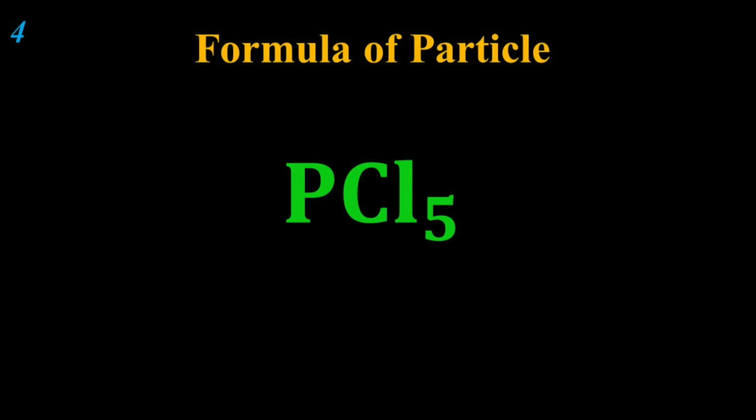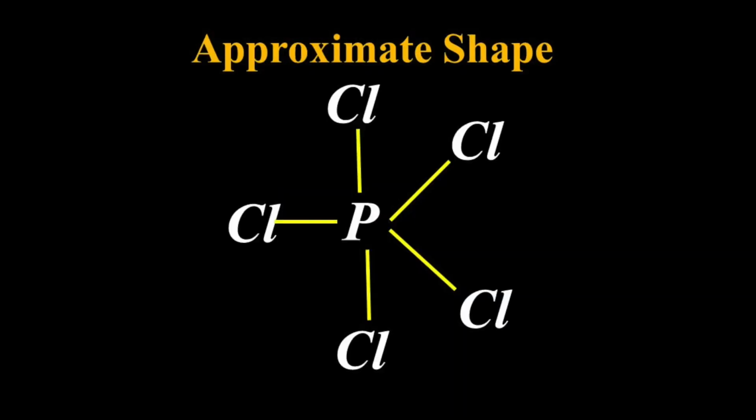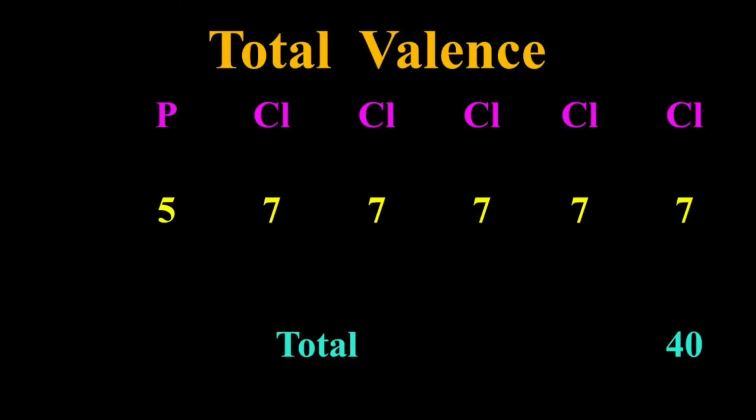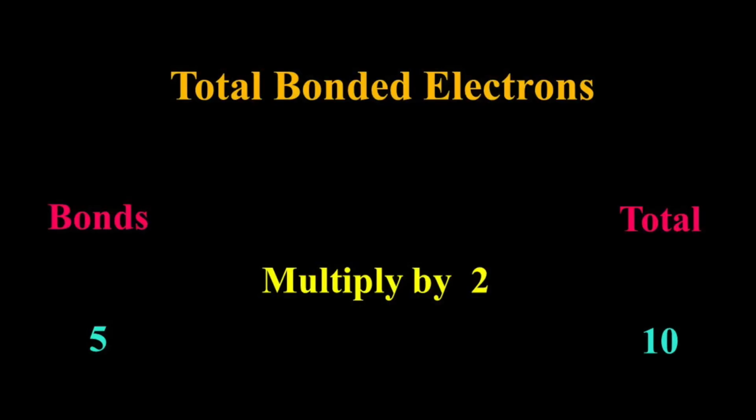Okay, phosphorus pentachloride. We put it around as if it's quite possibly trigonal bipyramidal, and we have 5, and then 7, 7, 7, 7, 7, it's just 40. And then we're going to subtract off 5 times 2 for 10 electrons in the bonds.